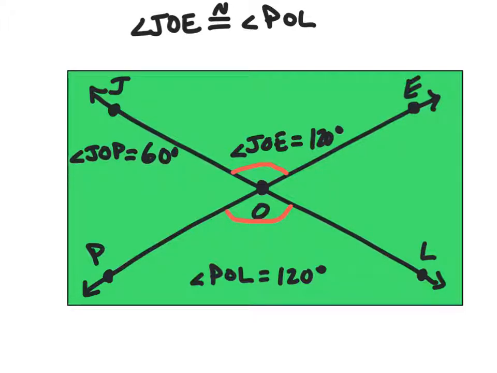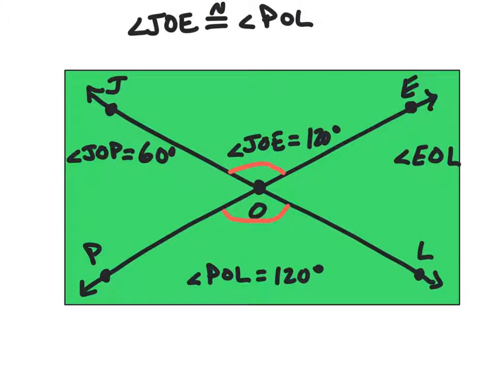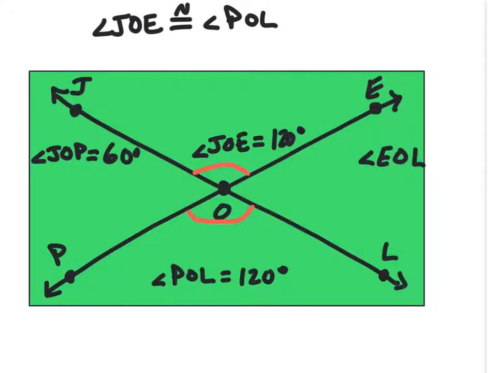Now I want you to find the measure of angle EOL. As I measured this, I found out that angle EOL was also 60 degrees. So what we know is they're congruent.